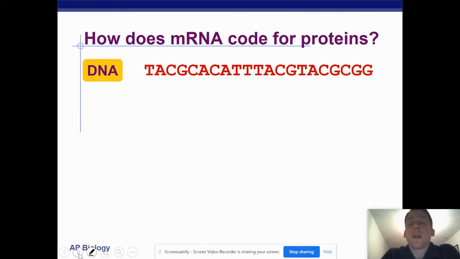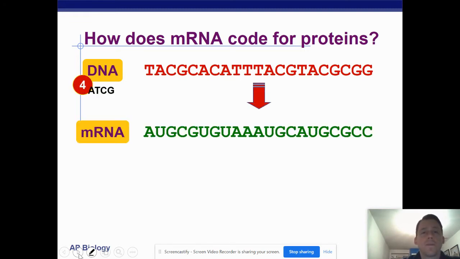Okay, so how does mRNA code for proteins? Well, here's our DNA sequence. It starts with TAC and ends all the way on the right with CGG. DNA is going to produce mRNA, right? We already know how that happens in transcription.